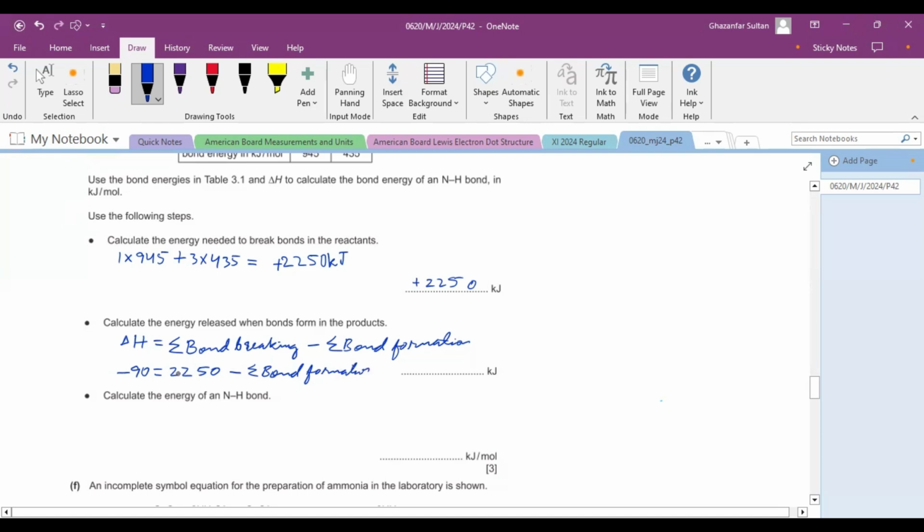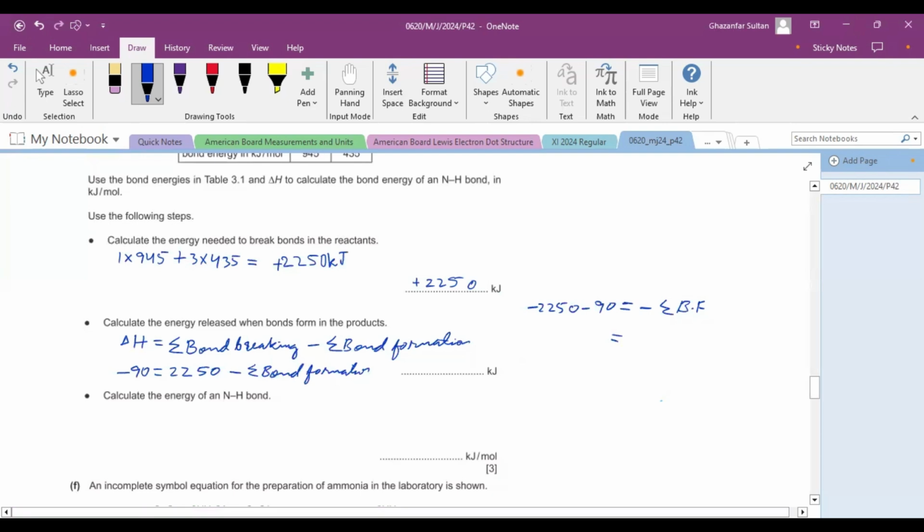So when it goes there, I'm writing here, minus 2250 and minus 90 is equal to minus summation of energies for bond formation.